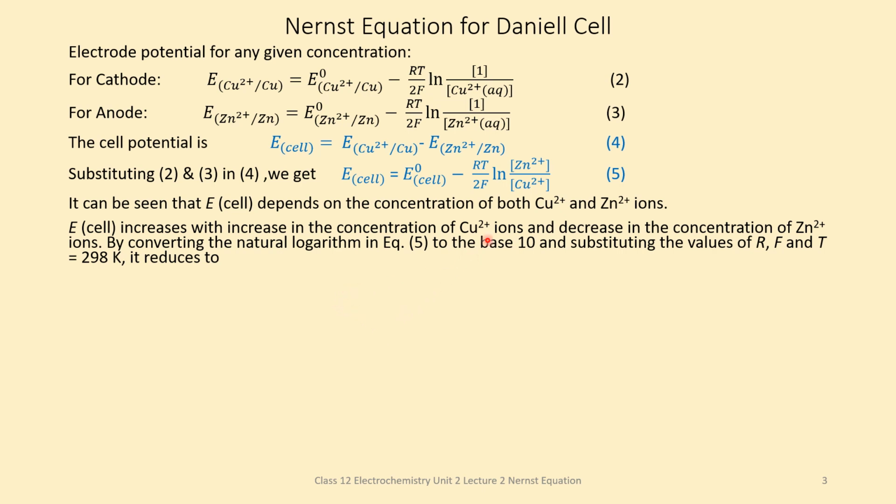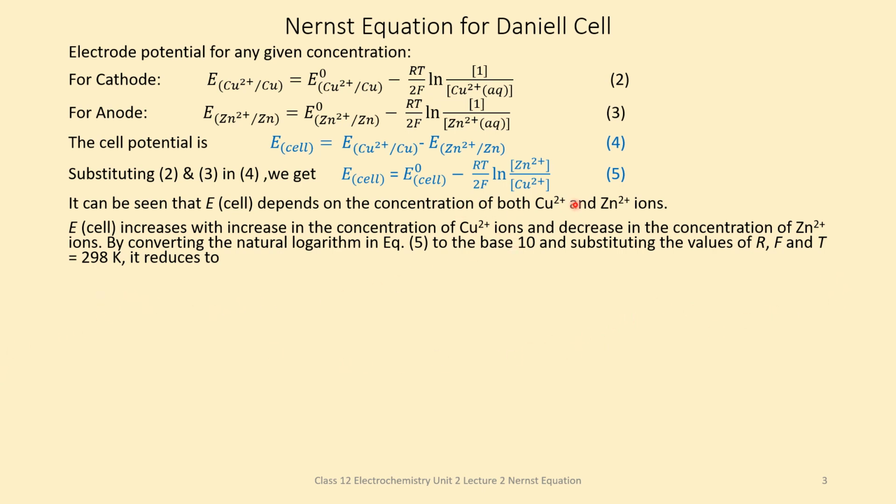We can convert equation 5 in terms of base 10 logarithm. This equation 5 is in natural logarithms. We can convert it into base 10 by substituting the values of R, F and T, that is, putting the numerical values of R, F and T equals 298 Kelvin.